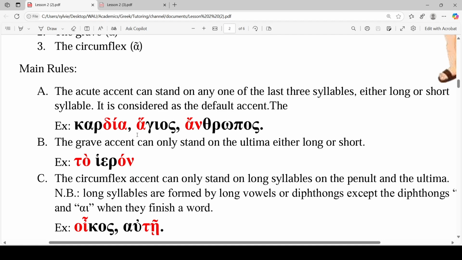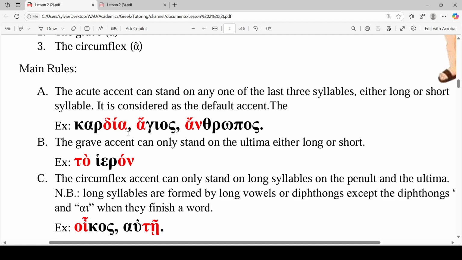Now, the acute accent on the ultima will raise the tone of the voice in the pronunciation of the word kardia on this last syllable. So it's gonna be kardia instead of just saying kardia. The accented syllable is the ultima, therefore the higher tone will be on the ultima. Kardia.